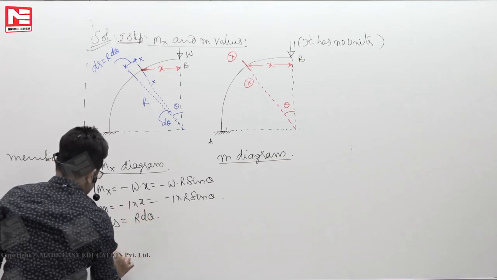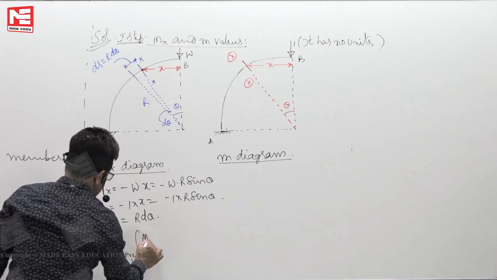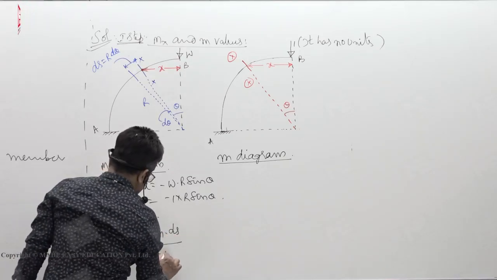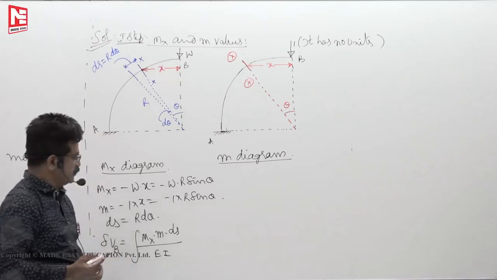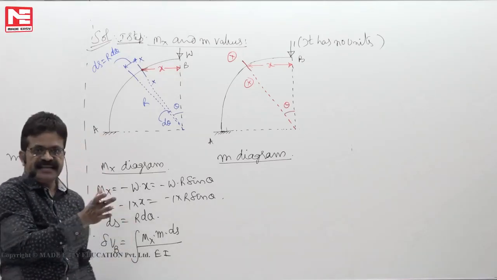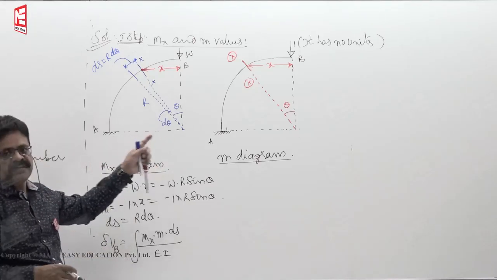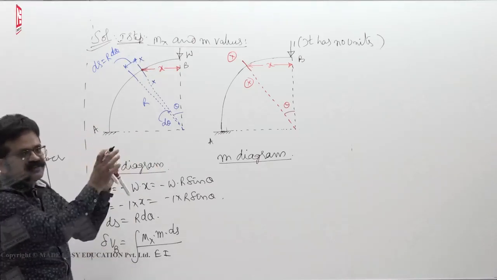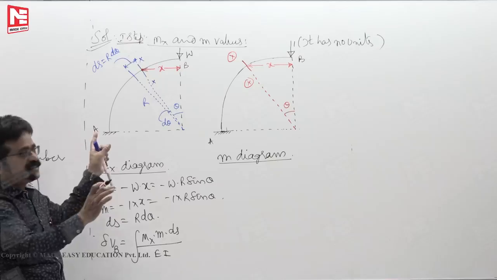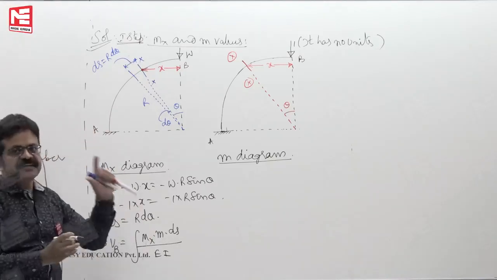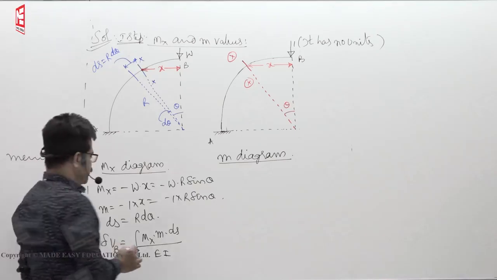So delta, the vertical displacement of B, is Mx into m into ds by EI. If you forget that and instead of ds you write dx, when you integrate dx with limits 0 to r, you will get a cantilever beam of length r. Whereas it is a cantilever beam of length pi r. So to that extent error will come in the deflection.